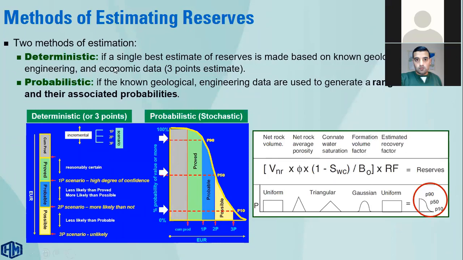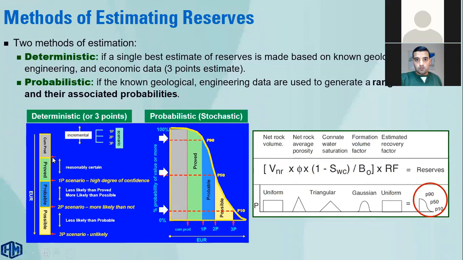Deterministic is usually known as the 3-point estimate: low, best, and high estimate. The second approach is the probabilistic or stochastic reserve estimation technique. In this technique, we have a range of the input parameter with the corresponding probabilities.